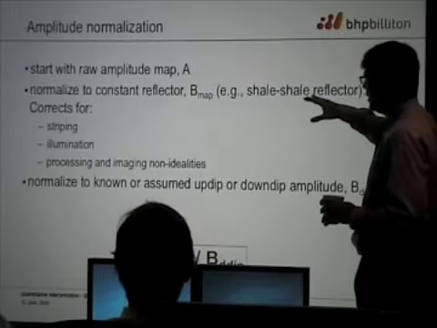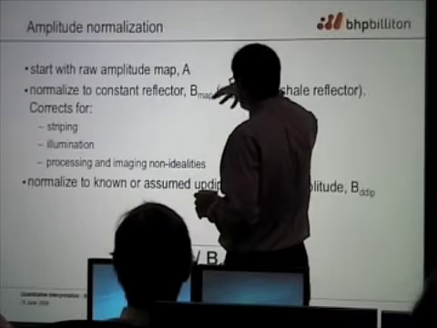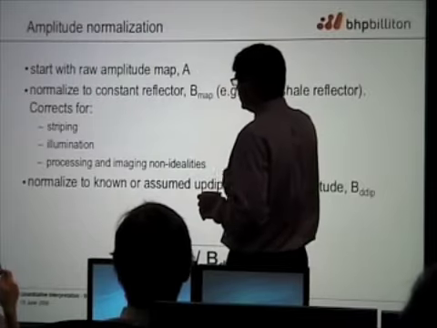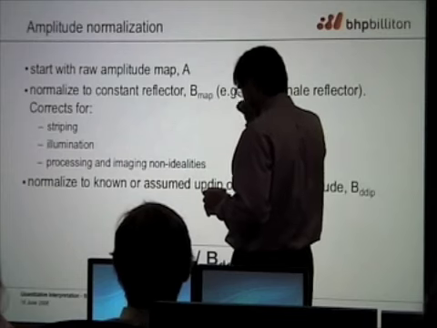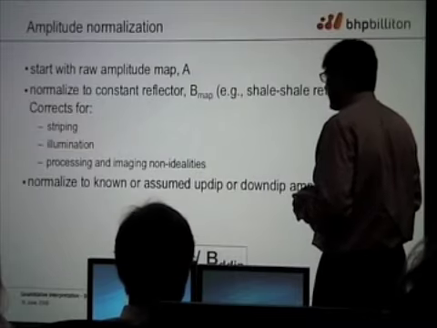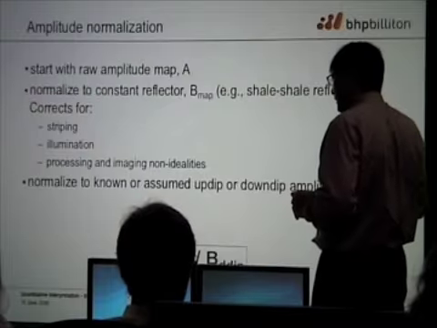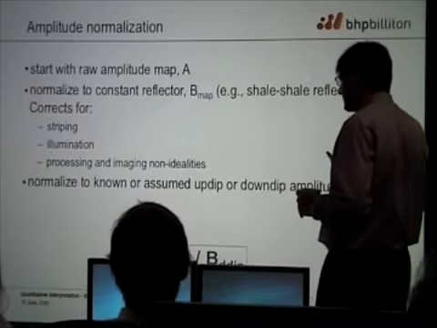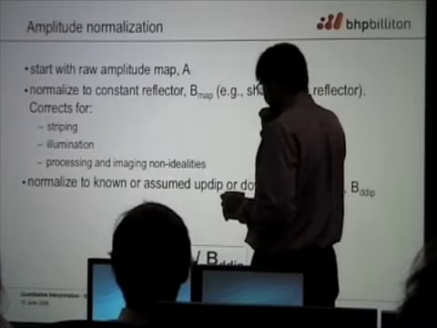One is processing non-idealities, or particular things above your objective that can shadow it, like salt or anhydrite stringers, or other shallow gas bright reflectors. And there are other things which have to do with the fact that we don't have a well, and now we're going to be kind of desperate to try to normalize the amplitudes into reflectivity units.